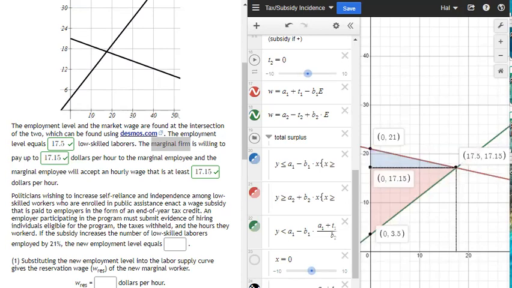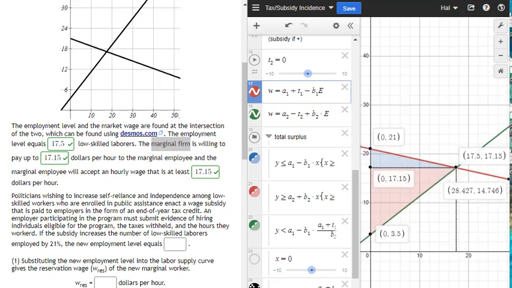The person over here, that person right there, is the 25th in line. And the firm only values that person at $15.49 per hour. Why? Well, maybe their training is not as good as they've seen among the applicants, or their experience is not as great, or their education is not as great.